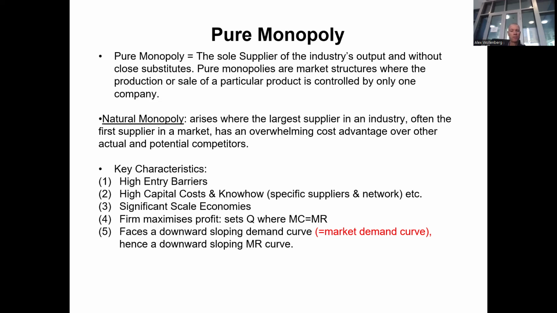Also, if you want to build a railway network, that also tends to be associated with high capital costs, high startup costs, and generally not everyone can simply build a railroad. It also needs to be well coordinated and so on.